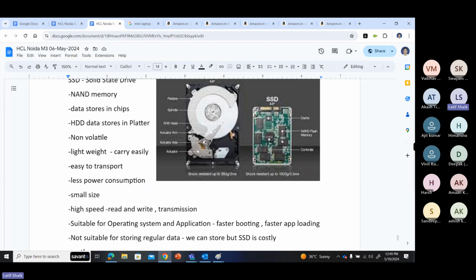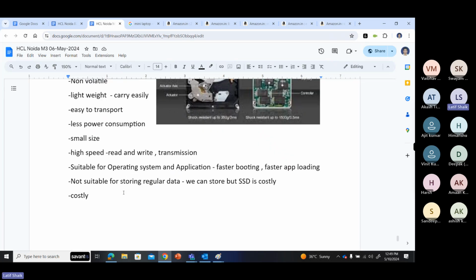SSD is a non-magnetic storage type. Easy to carry, easy to transport, lower power consumption, small in size, higher data transmission speed, higher read and write speed. Suitable mainly for operating system and applications. Of course, you can store data, but if you have a huge amount of data, better not to store it in this one because SSDs are costly.